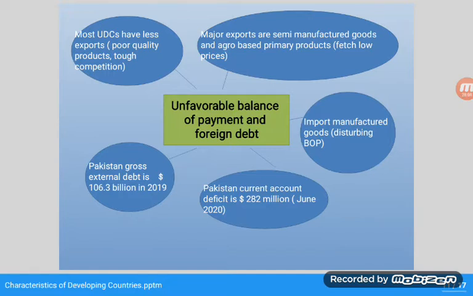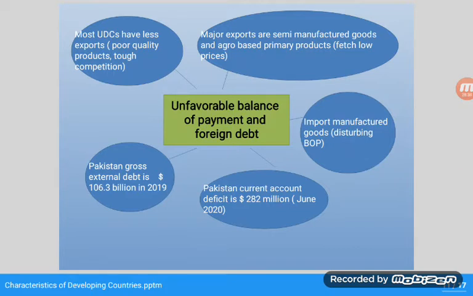They export agro based raw material, and if they are exporting some manufactured goods based on agriculture, they are not fully manufactured, they are semi manufactured. So whether it is a primary product or semi manufactured, they both fetch low prices in the international market. Now on one hand they are exporting semi manufactured goods and primary products, but on the other hand they import manufactured goods.